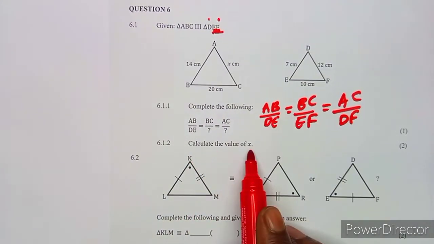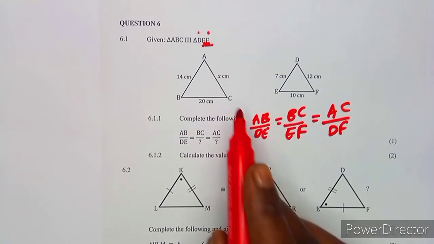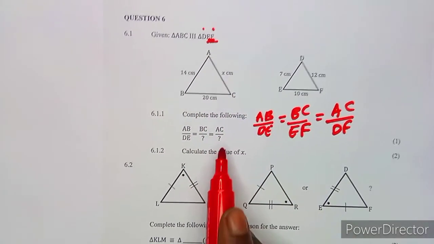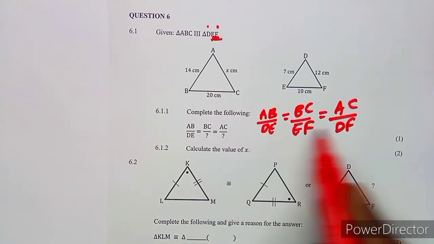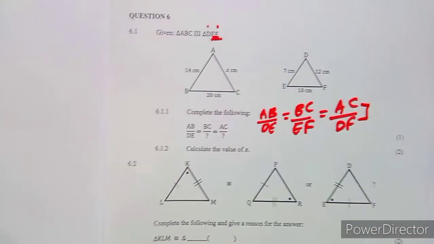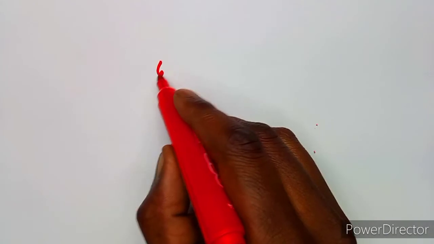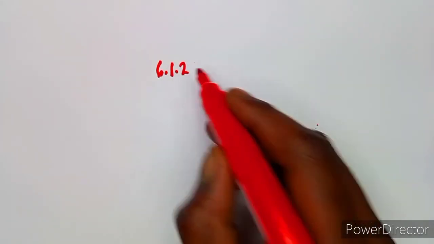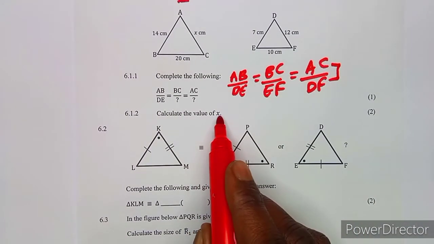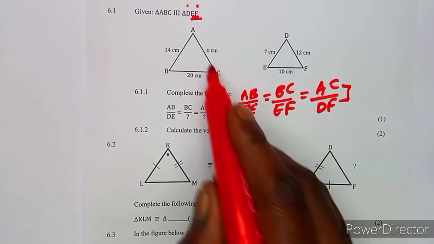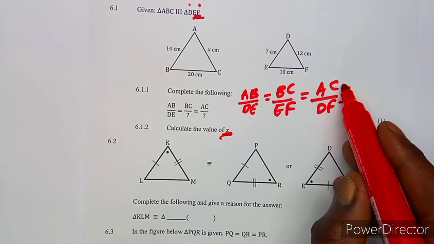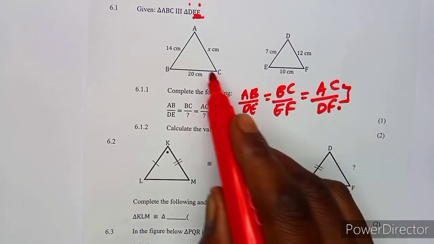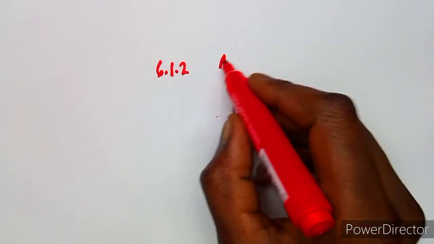Then calculate the value of x. So x represents AC. You're going to take any ratio here that has AC. In question 6.12, we are going to take this ratio with x. Where there is x, x is found on AC, so you're going to take AC over DF.